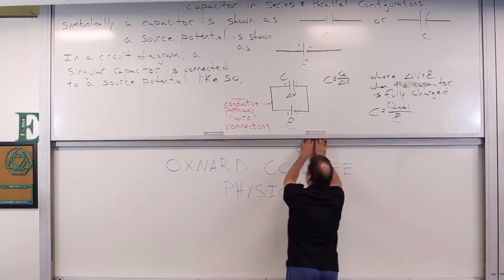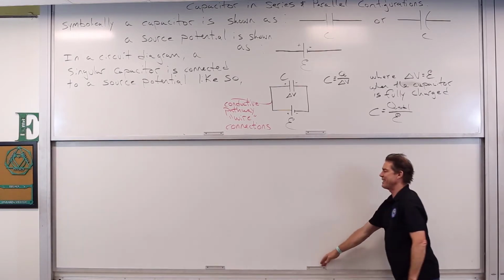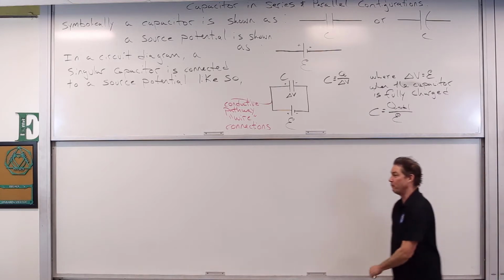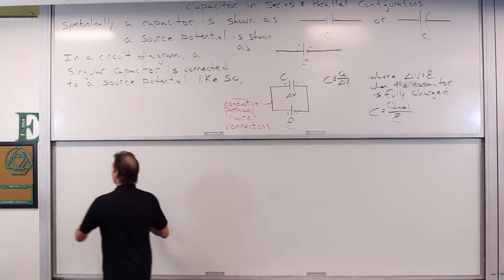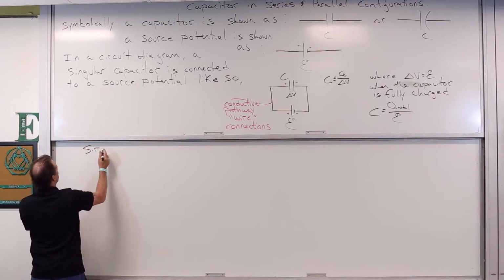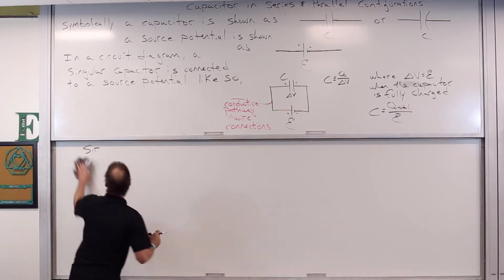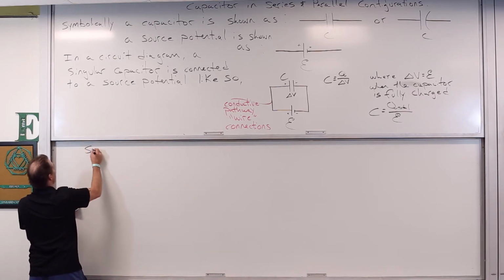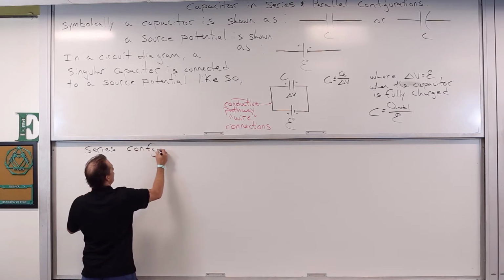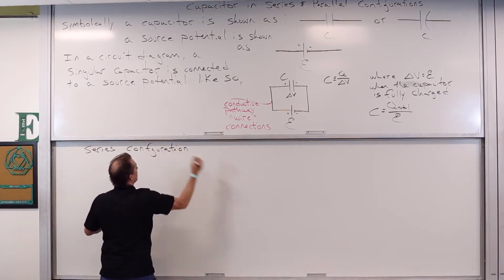But what we want to do is not just look at a single capacitor, because that's kind of boring. Like, oh, one capacitor. Let's look at multiple capacitors connected. So, series configuration.